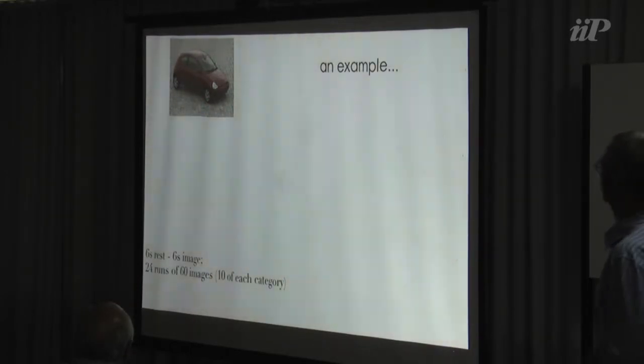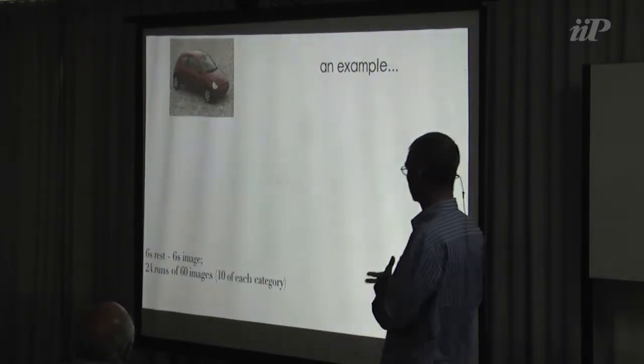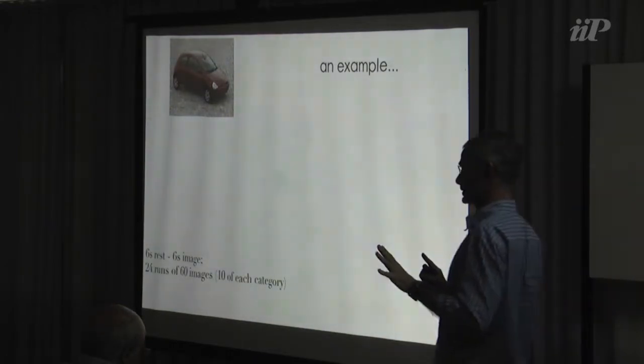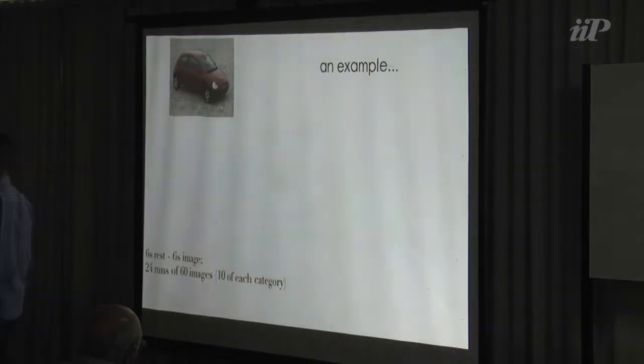Just to make it a little bit more concrete, this is an example that we have been working with right now. We have 6 categories: cars, trees, reptiles, food, people, and houses.